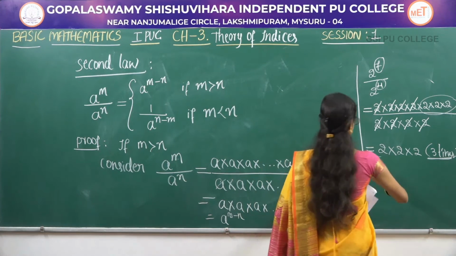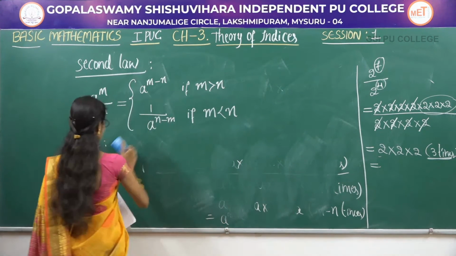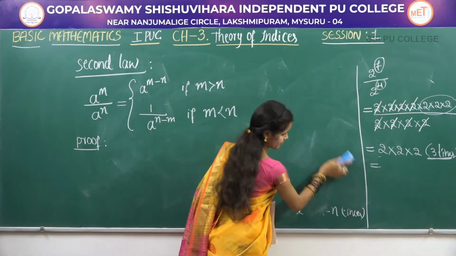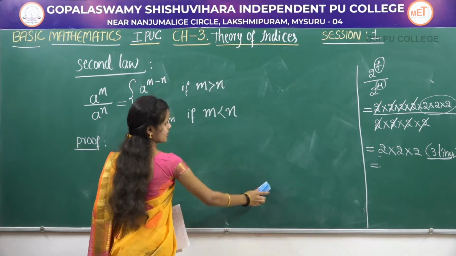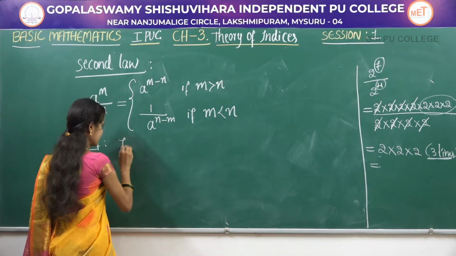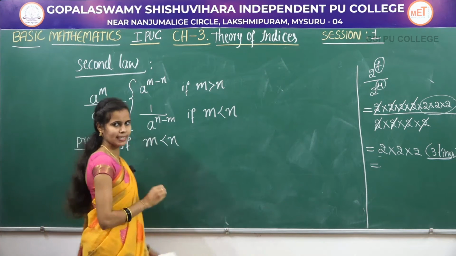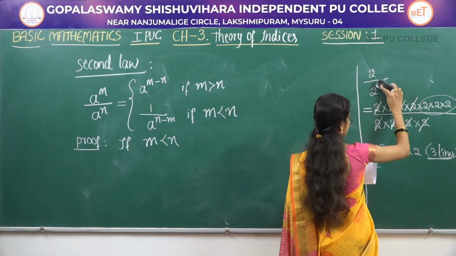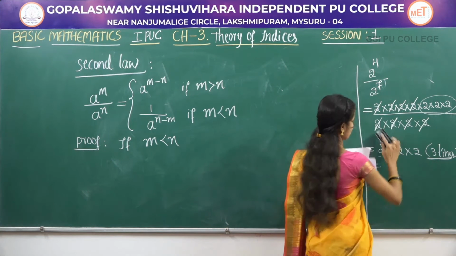Okay. Next, consider the second condition, m is less than n. Consider here 4 and here 7.